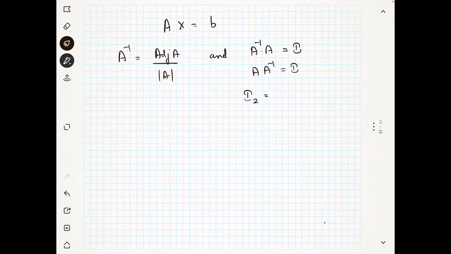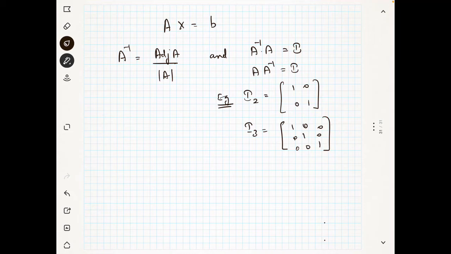For example, I3 is a 3 by 3 matrix with diagonal elements as 1.